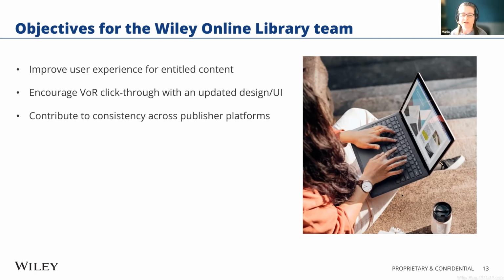One of our primary goals for any feature on Wiley Online Library is to reduce barriers to accessing content. And that's really what this first bullet is about, improving that user experience when the user is entitled to content via a subscription or open access or whatnot. So by flagging that access and facilitating the authentication process, that's obviously a great improvement for users.